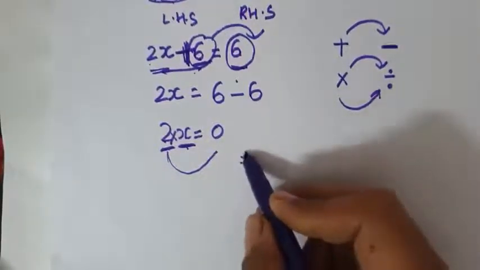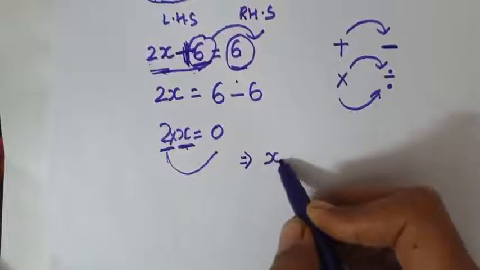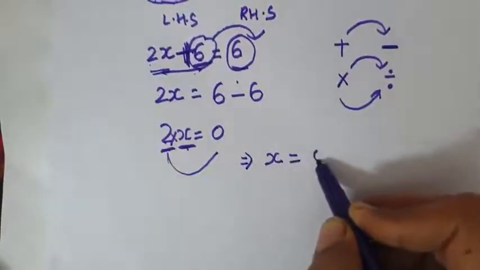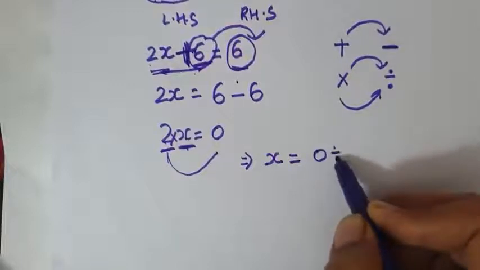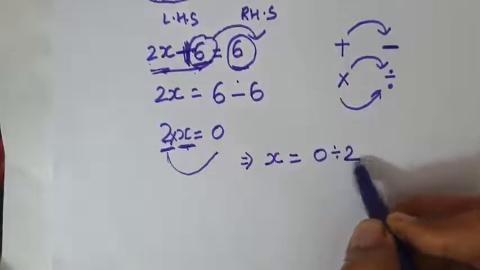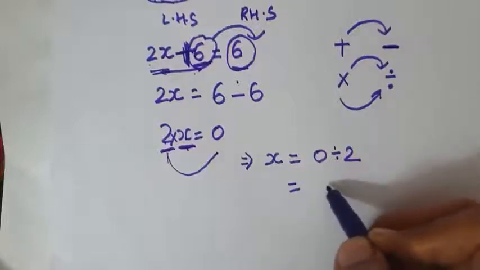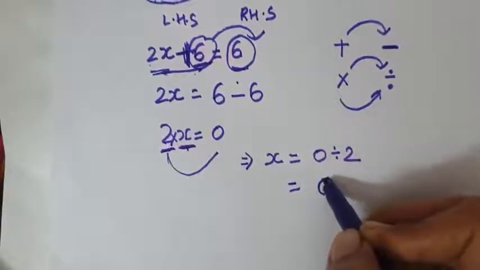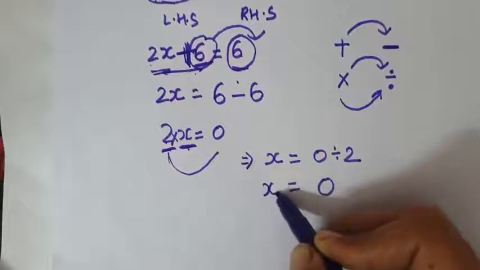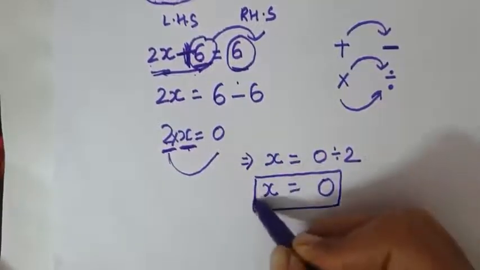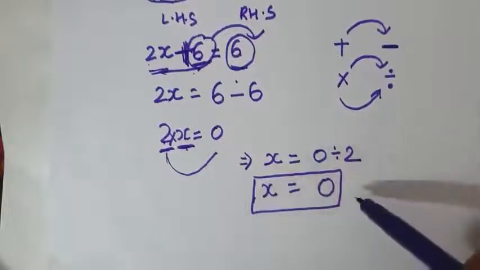So what we get? x will remain there only, is equals to 0 divided by 2. So 0 divided by 2 will give you 0. So finally we get the value of x is 0.